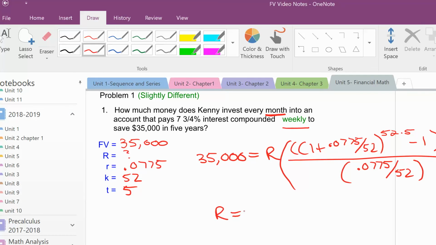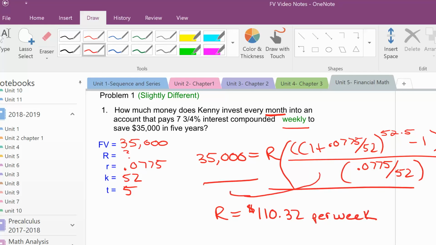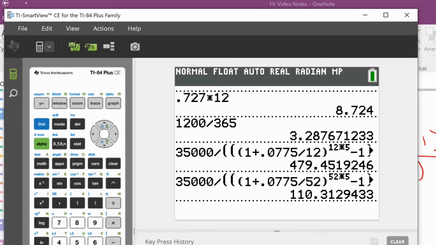That's what R is equal to per week. So that's what I found here. So remember, now it says per month. So to get per month, I take $110.32 and times it by 4. And 32 cents.